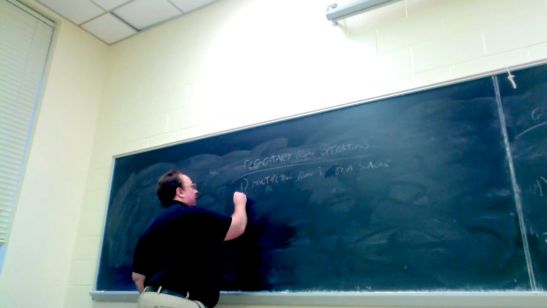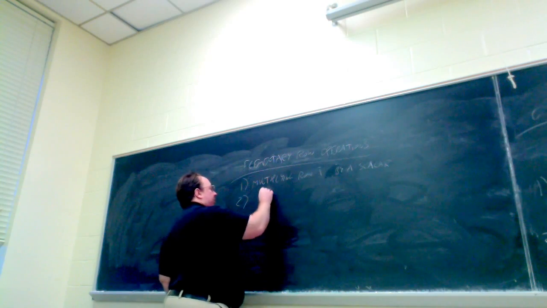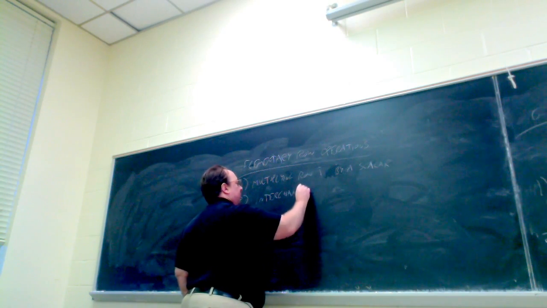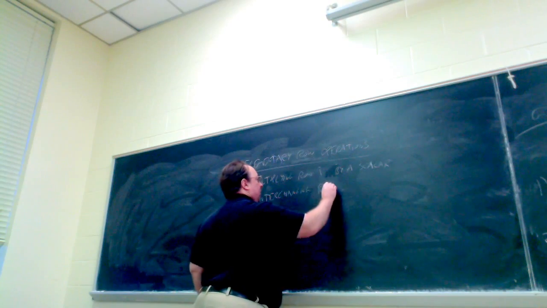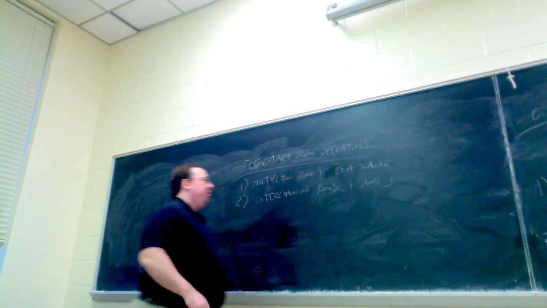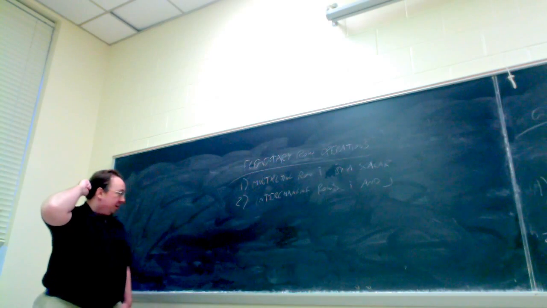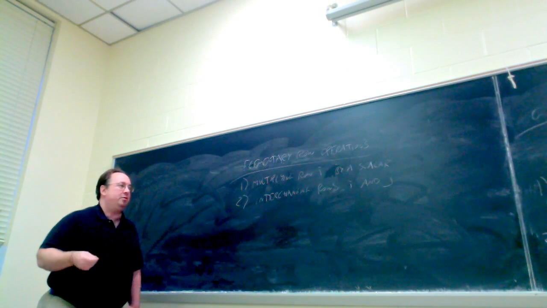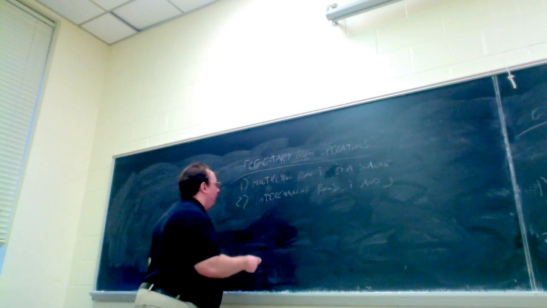The second one is interchanging two rows. But certainly, these are kinds of operations that would leave the solution of a system unchanged. That's essential, of course.